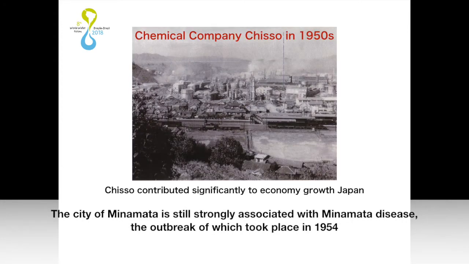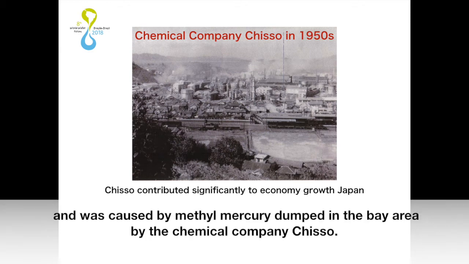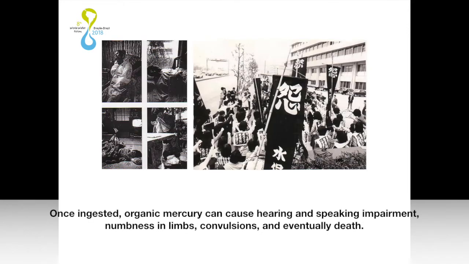The city of Minamata is still strongly associated with the Minamata disease, the outbreak of which took place in 1954 and was caused by methyl mercury dumped in the bay area by the chemical company Chisso. Once ingested, organic mercury can cause hearing and speaking impairment, numbness in limbs, convulsions, and eventually death.